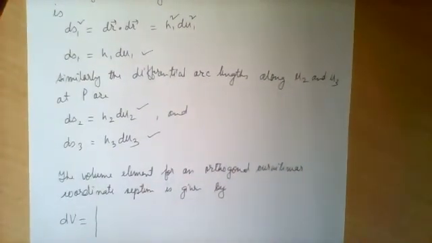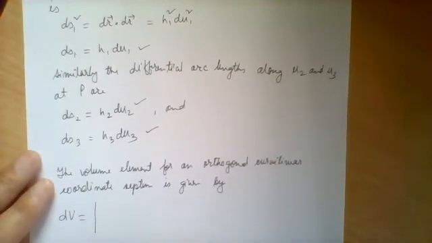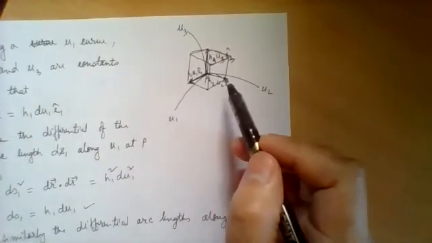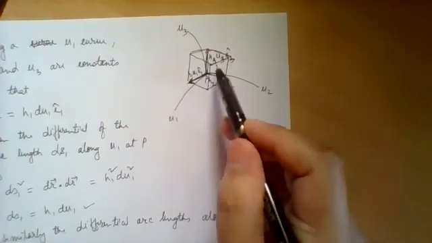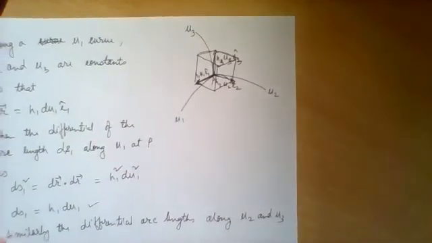This is the scalar triple product, the box product of the three vectors.